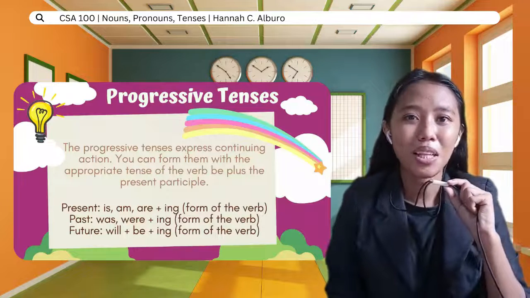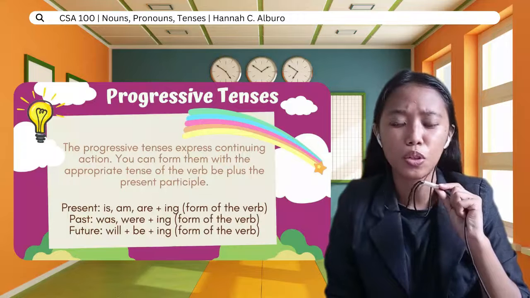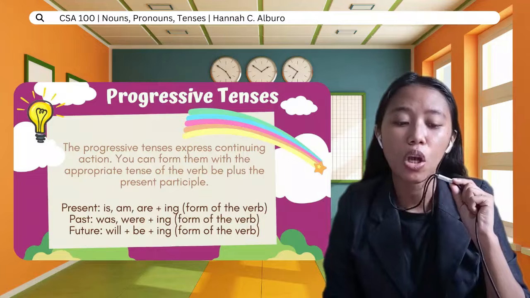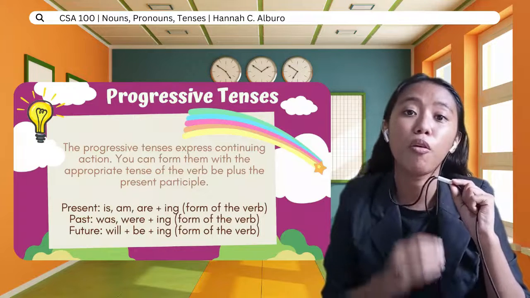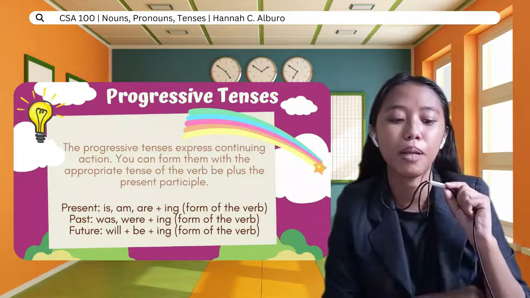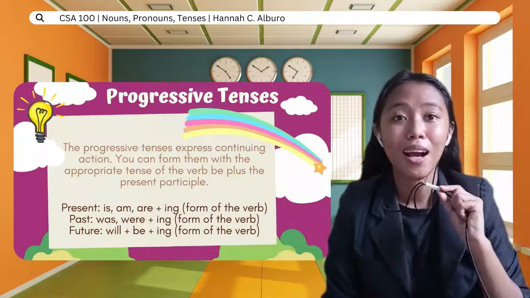Okay. Now, let us move on to the progressive tenses. Progressive, continuous. The progressive tenses express continuing action. You can form them with the appropriate tense of the be verb plus the present participle, like happening. We still have the formula.